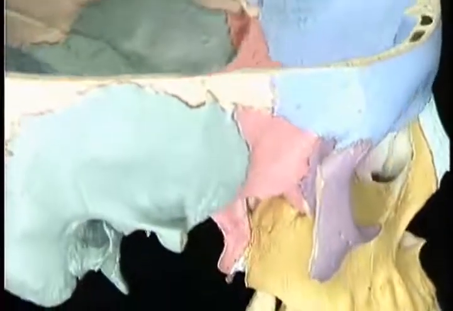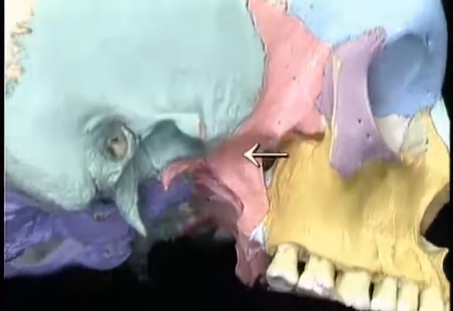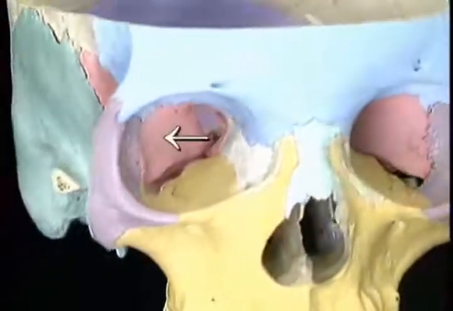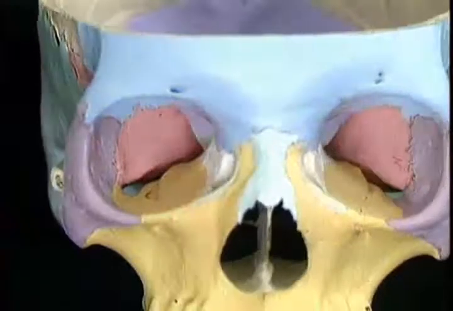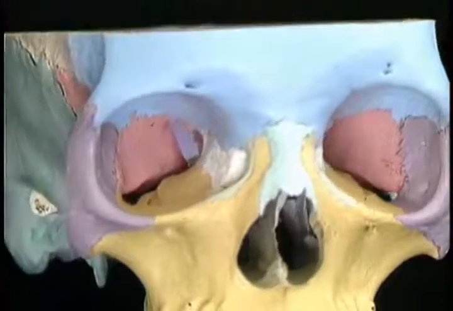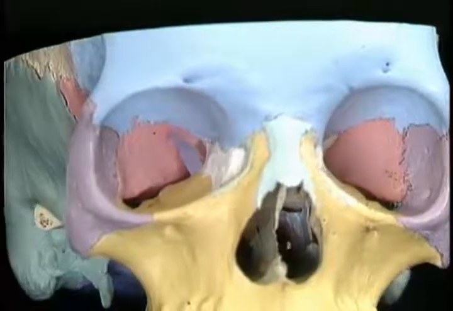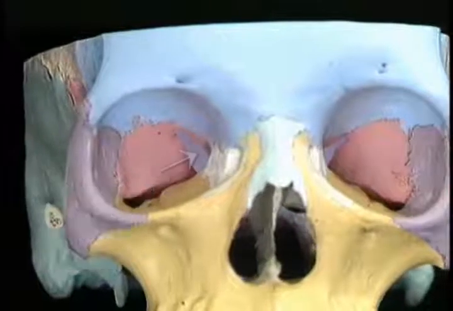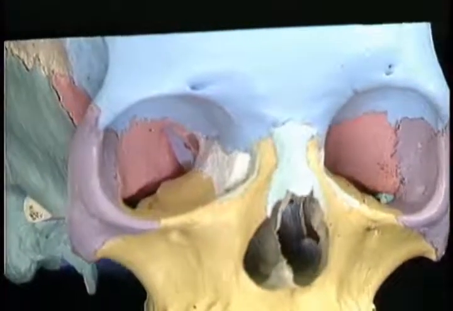On the outside, the greater wing forms this part of the temporal and infratemporal fossae, and it also forms this large part of the lateral wall of the orbit. The greater wing and the lesser wing are joined here, but more medially they're separated by this triangular gap, the superior orbital fissure, which forms a large opening between the orbit and the inside of the cranium.